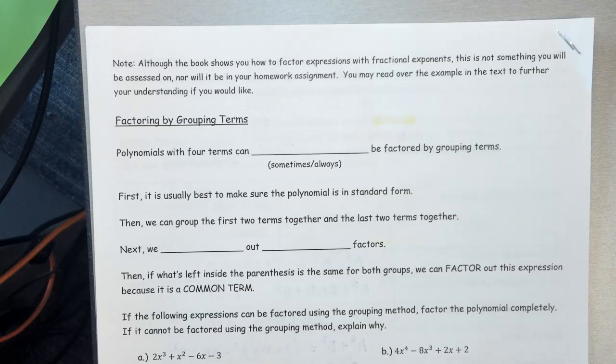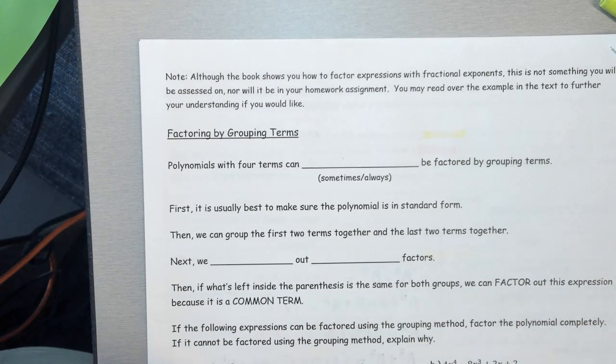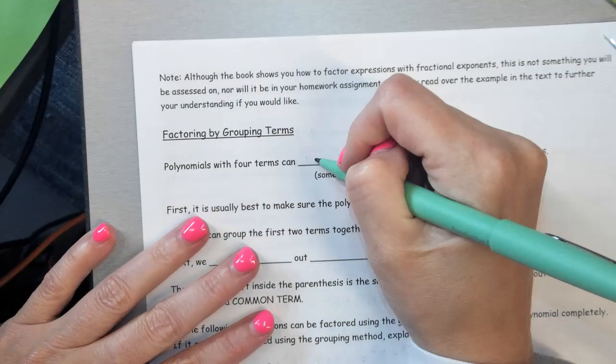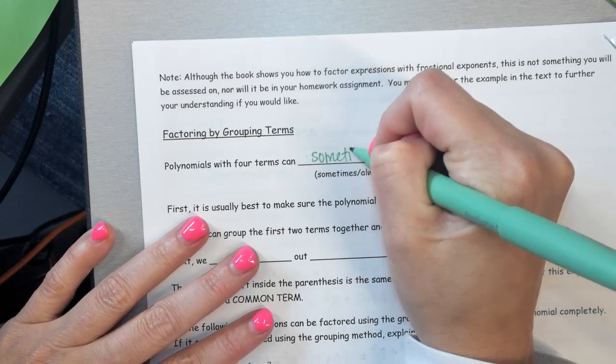Okay, so can they sometimes or always be factor grouping terms? What do you think? Sometimes, right? Your English teachers have trained you well. It's rarely going to be always, right? There's usually some exception to the rule.